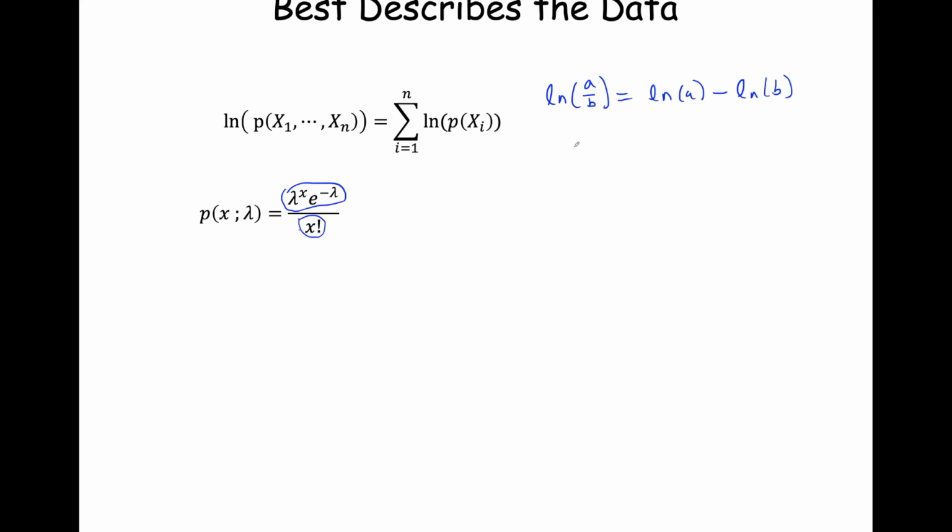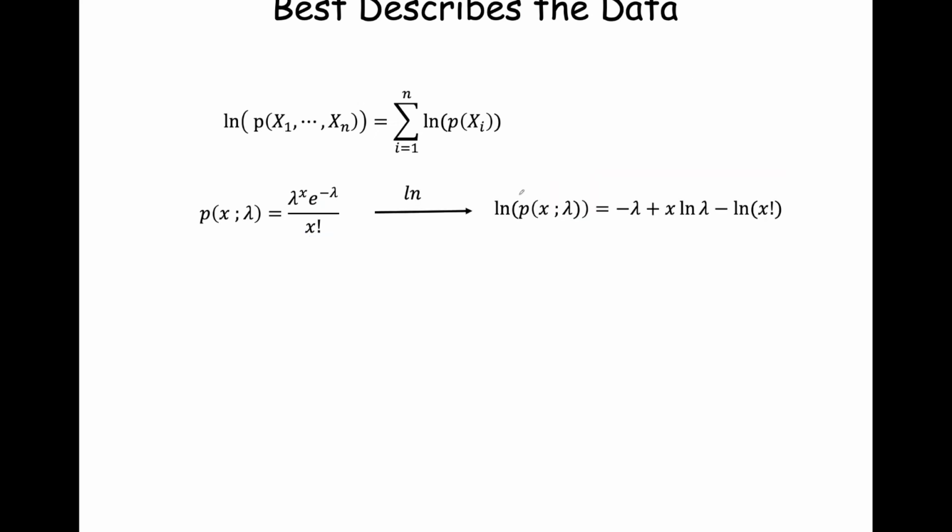We're going to use that along with the fact that the log of a times b is equal to the log of a plus the log of b. We also have a property where the natural log of a to the b power is equal to b times the log of a, right? Okay, so we have these properties and we're going to substitute them and see what we get.